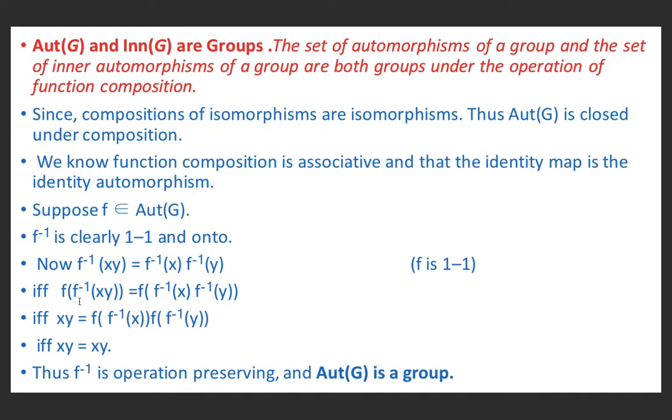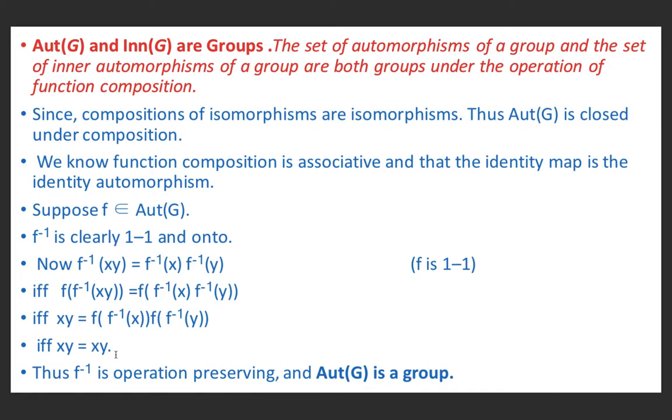Operating F on both sides, F of F inverse of xy, and F of F inverse is nothing but the identity function, so we are left with only xy. On the right, F of F inverse x times F of F inverse y, because F also preserves the group operation, and F of F inverse is the identity function, so we are left with x and y.